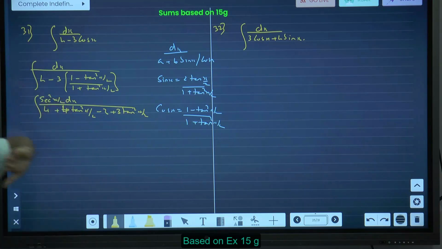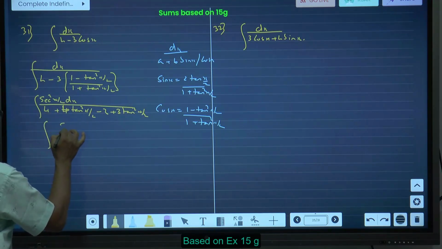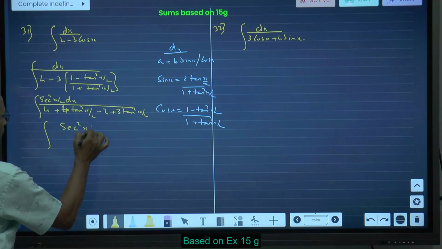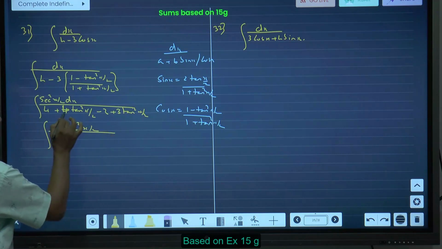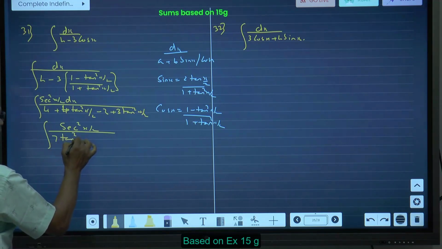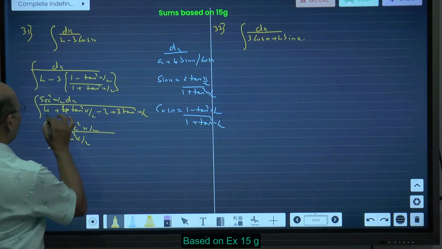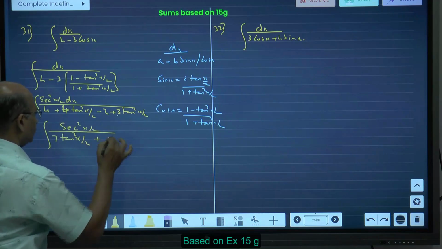Remember, the procedure is very simple. Okay. Now once you finish with this, just see what happens. I write it properly. Sec square x by 2 upon 4 plus 3, 7 tan square x by 2. 7 tan square, am I right here? Yes, 7 tan square x by 2, and 4 minus 3 is plus 1 dx.